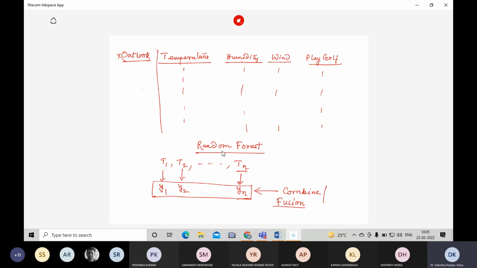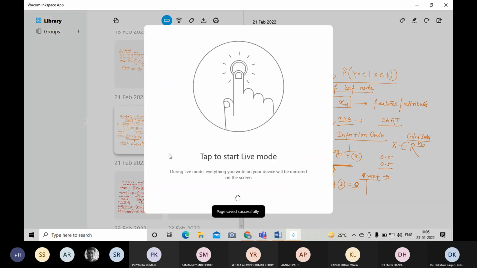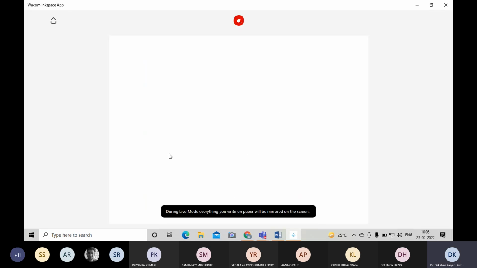Now how can we achieve the fusion? This is nothing but a linear combination of these individual decision trees.